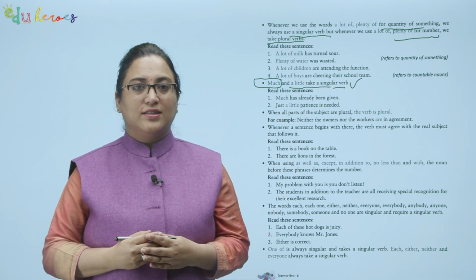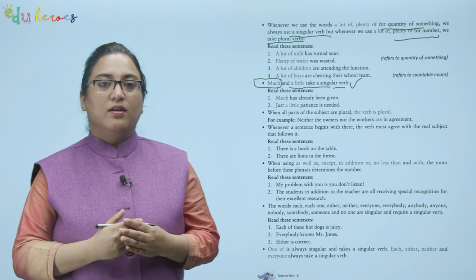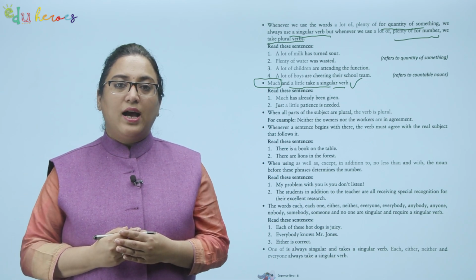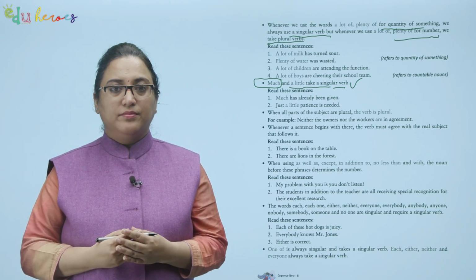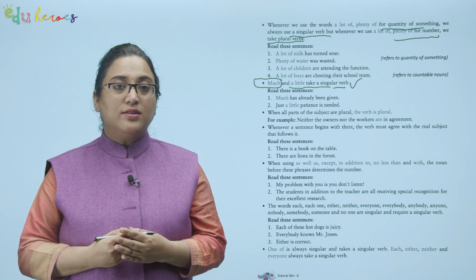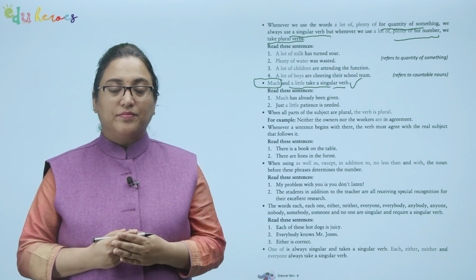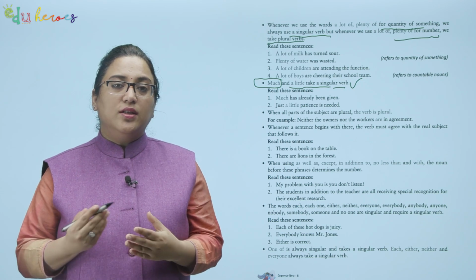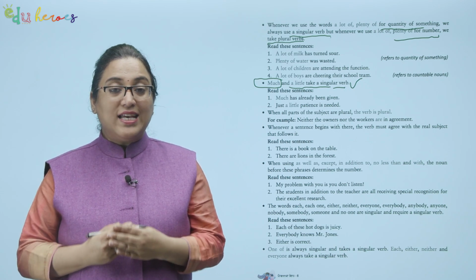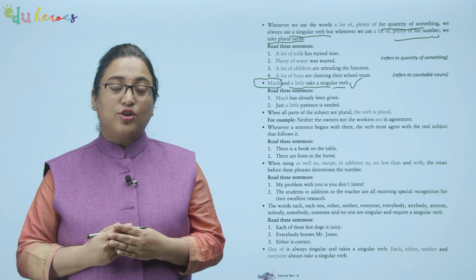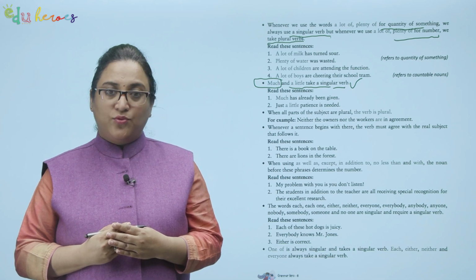Let's read these sentences. Much has already been given. If you write much have already been given, then it would be incorrect. Now, just a little patience is needed. If you write are needed, then it would be incorrect.